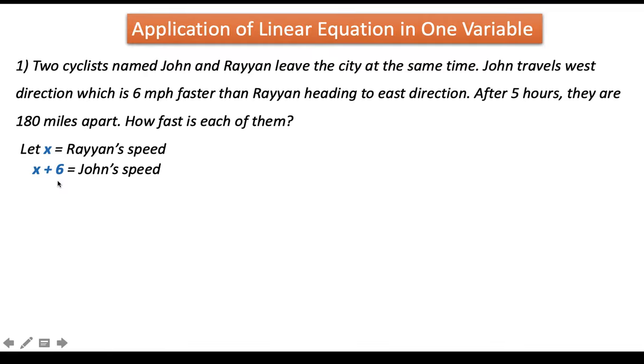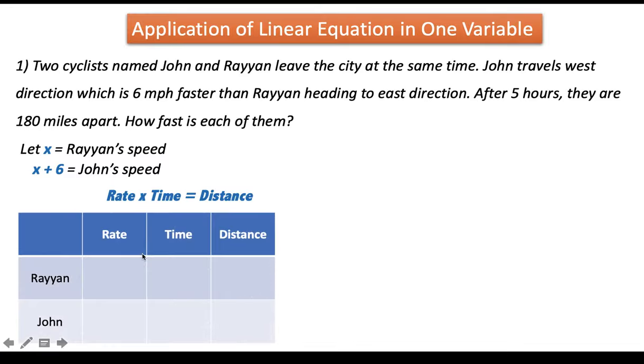In dealing with a distance problem, we must be aware of the formula for finding the distance of a moving object, and that is rate times time equals distance, or the speed times time is equal to the distance. To organize our data, we will use a table. Ryan's rate is represented by x and John's rate is represented by x plus 6. The time is given, that is 5 hours.